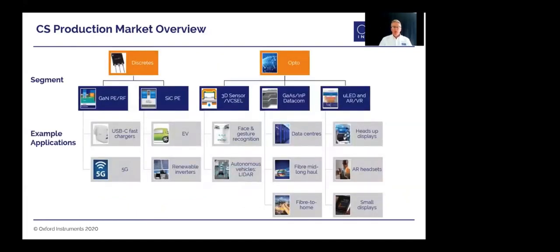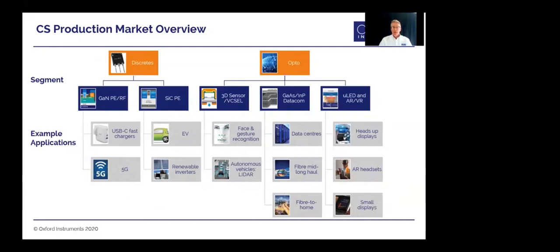So the compound semiconductor production market is a fantastic place at the moment. I've watched it mature and grow, and now it really is penetrating the mainstream. The compound semiconductor materials can achieve performance that mainstream silicon just cannot, and it is really driving the growth within the industry.